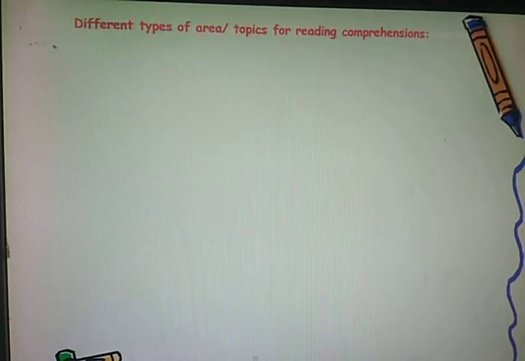Let's do some practice. Before we move to the practice, most of the students ask what type of questions or what type of subjects will be discussed in reading comprehension. Different types of topics for reading comprehension could come in the exams. Maybe you are a student of mathematics.